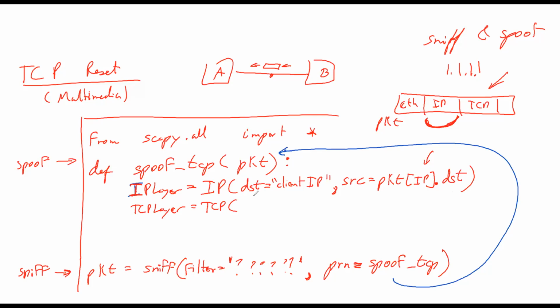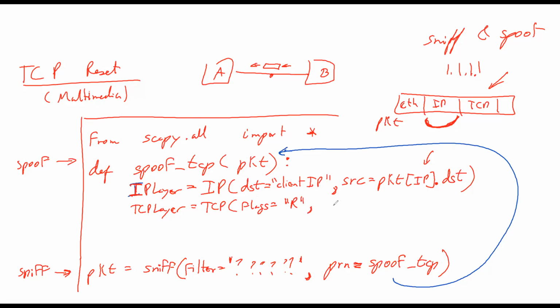For flags, we just set the flags to R, because this is a reset packet. If it was a SYN packet, it would probably be an S. If it was an ACK packet, it would be an A. If it was a push packet, it would be a P. Keep that in mind. Those are the fields in the headers that you need.